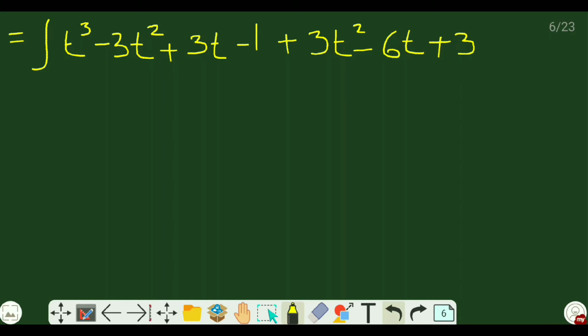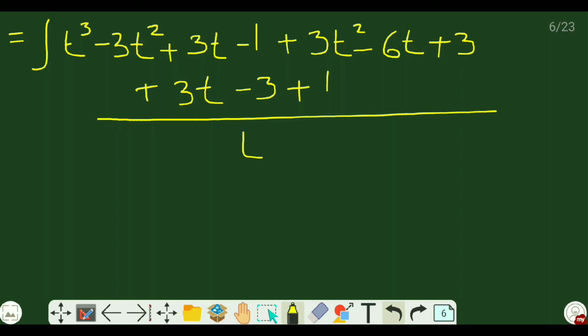Okay, and the next term was 3 into t minus 1. So, this becomes plus 3t minus 3. And the last term is plus 1, which is written as it is. And the whole has been divided by t raised to 5. So, upon t raised to 5 we have over here. And we are differentiating now with respect to dt. Okay, dx has become dt if you remember the substitution.